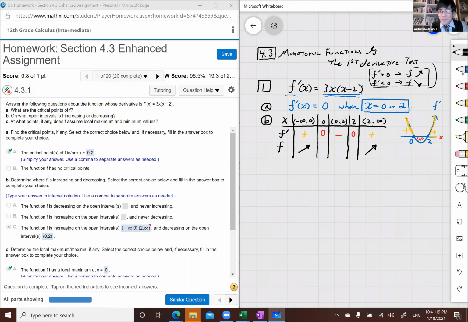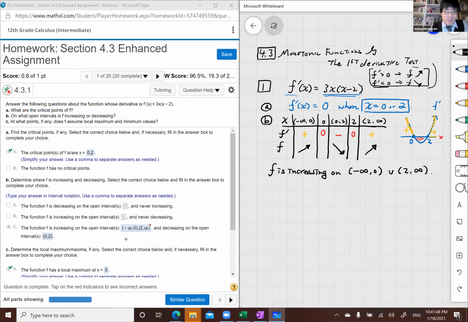And for the interval in which f' is negative, f is decreasing. So to answer this question, on which open intervals is f increasing? f is increasing on negative infinity through 0, union 2 through infinity.